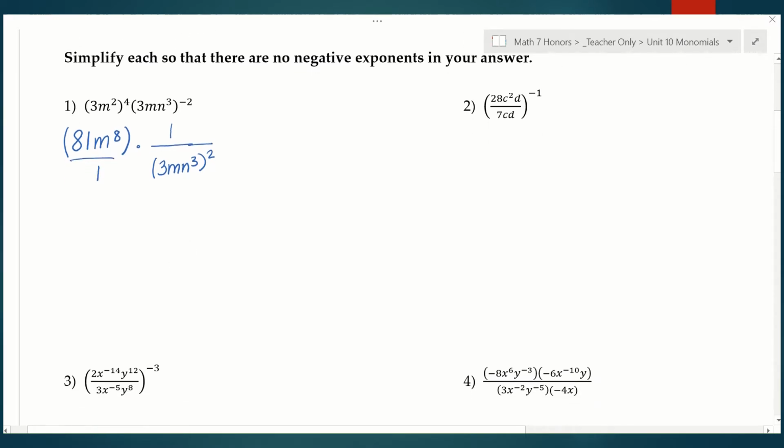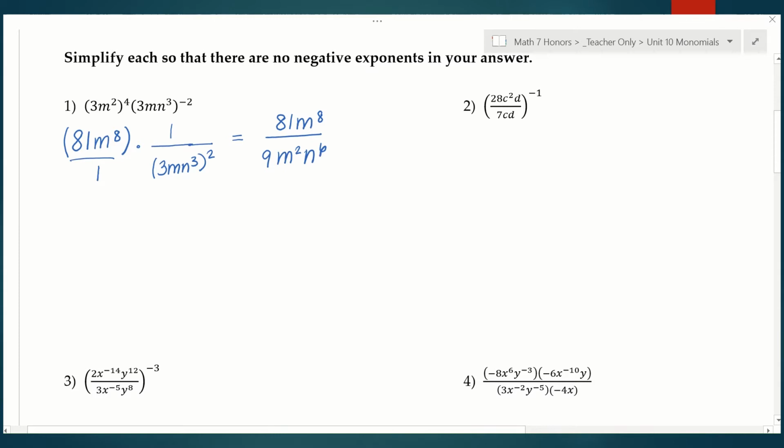I'm going to put it over 1. Okay, so now what I would do is I would go ahead and multiply. So on the top, I'm going to get 81m to the 8th. And then on the bottom, if I go ahead and actually square that monomial, I'm going to get 9m squared n to the 6th.